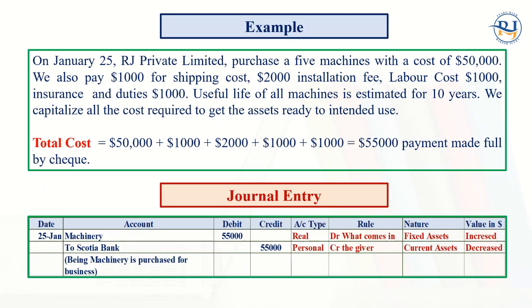I would like to explain, at the time of acquisition of the assets, what different expenditures we include in the cost of the assets. For example, on January 25, RJ Private Limited Company purchased 5 machines at a cost of $50,000, and the company pays $1,000 for shipping cost, 2,000 for installation, 1,000 for labor, and 1,000 for insurance and duties.